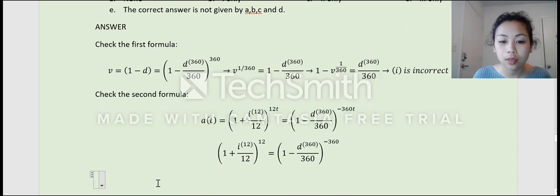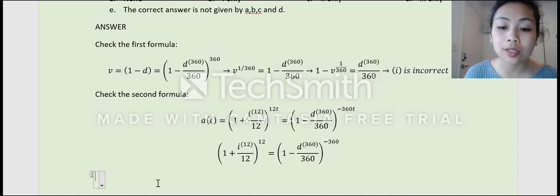This is the equation making the connection between the nominal rate i compounded monthly and the discount rate compounded 360 times a year.